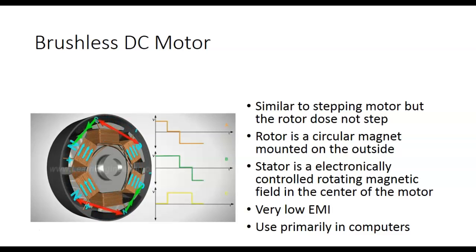And this is a really good animation, and it shows you it's actually being pulled around while it moves, which is pretty neat. But the advantage of these, I know why we use them in computers, because they have very, very, very low electromagnetic interference. So if you got a desktop computer, or the disk drives, if you got a hard disk drive, not solid state, this is the motor that spins the hard disk drive.